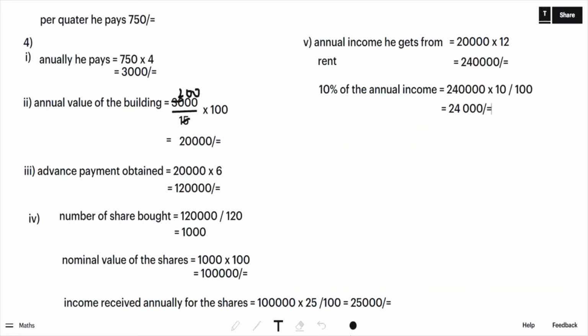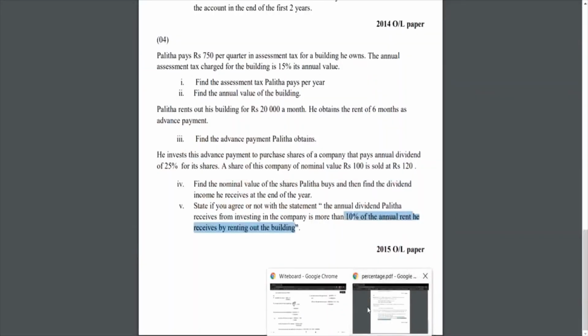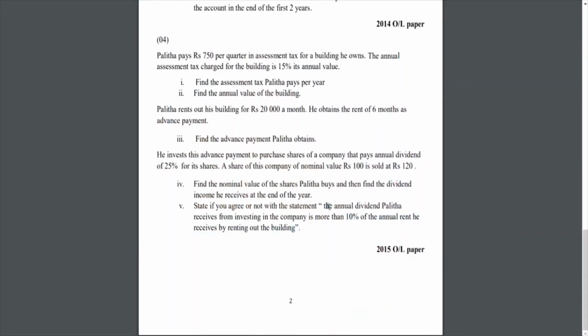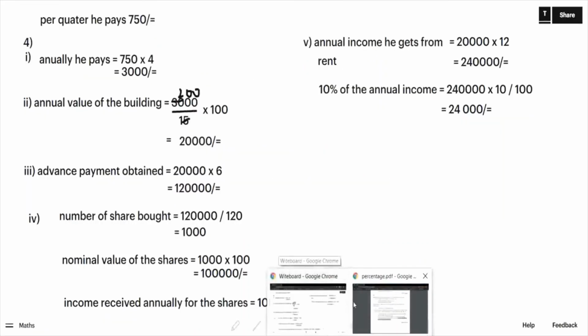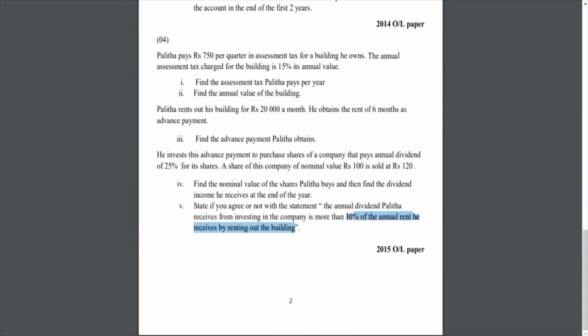Now we found out both the parts in the statement. The annual dividend received from investing in the company, we know that is 25,000, and 10% of the annual rent he receives by renting out the building, we found that, which is 24,000. Now they are saying that the annual dividend Carlita received from investing in the company is more than the 10% of the annual rent received by renting out the building.